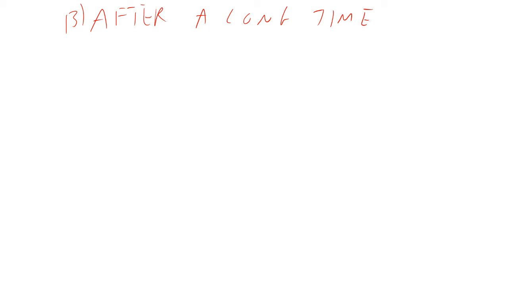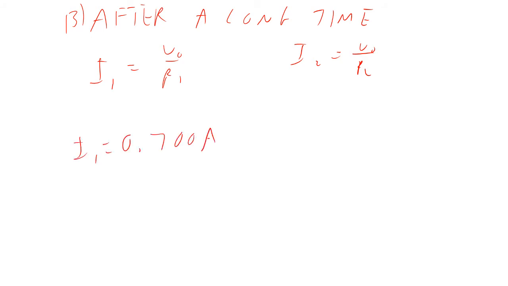And so all we have is I1 is going to be V naught over R1, I2 is V naught over R2, and so I1 is going to be 0.7 amps flowing down, and I2 is still going to be, it doesn't change, 0.023 amps, and it's also flowing down.